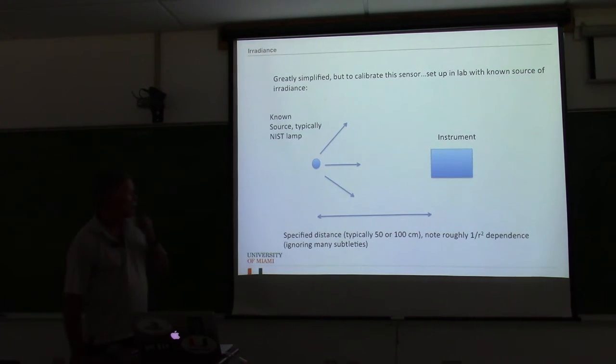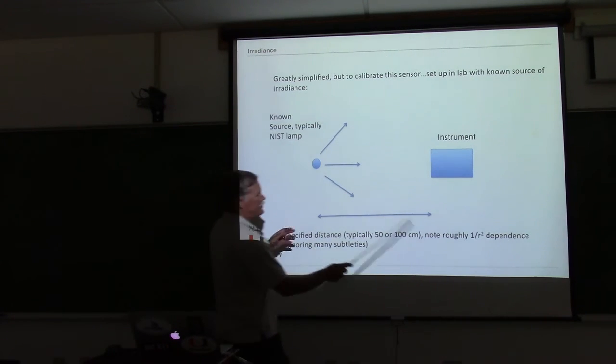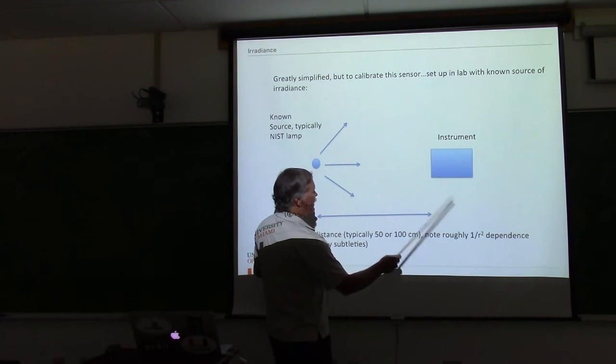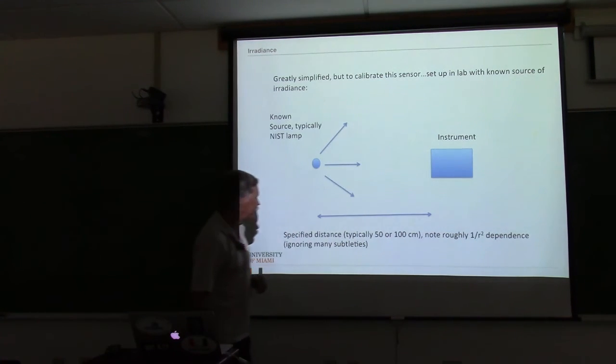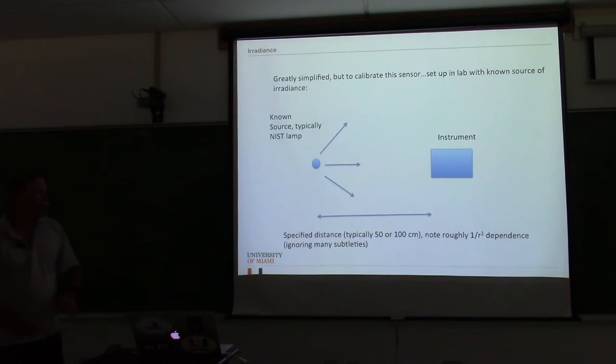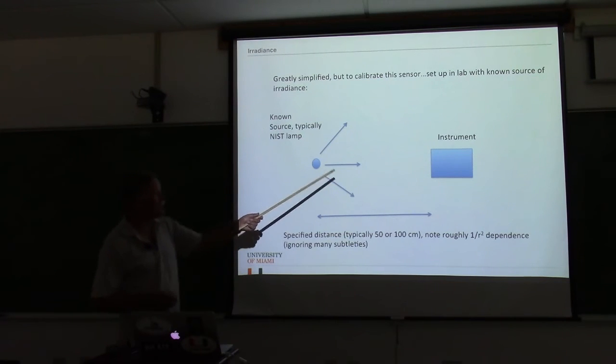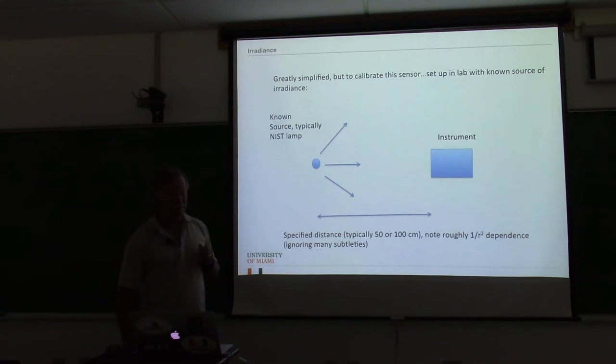If it's not at the calibrated distance that they give you, you can offset it by a 1 over r squared dependence. The light field will fall off as 1 over r squared from that lamp. There are all sorts of subtleties for calibration that I'm not going to mention, but that's basically the general idea. Okay? It's pretty easy to calibrate.